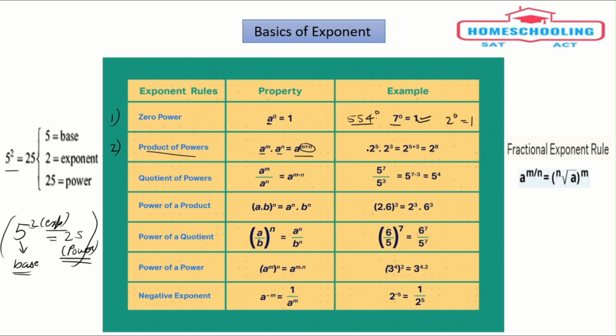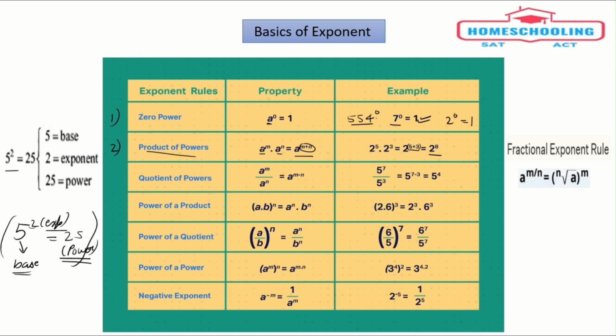Let's take an example: 2 to the power 5 into 2 to the power 3. That would be 2 to the power 5 plus 3. So always remember, when there is multiplication, the exponents will get added. 5 plus 3, so that would be 2 to the power 8.